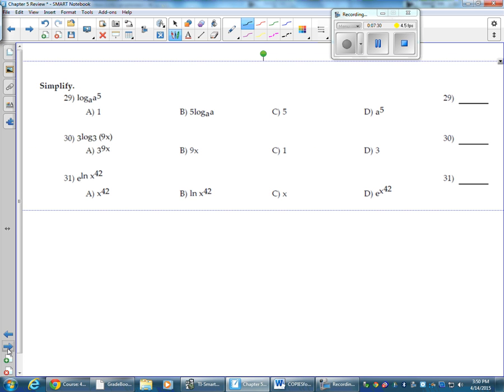Number 29, these are just some common log rules. Anytime the base and what you're taking the log of are the same, they kind of cancel out. So what you would do is take this 5 and move it to the front. I know you can't see when I write all over it. But that becomes 5 times the log base a of a, and this is 1, so 5 times 1 is 5. Your answer would just be 5. Same thing here. If you were to rewrite it, the 3 and the log base 3 would cancel, so your answer would just be 9x.